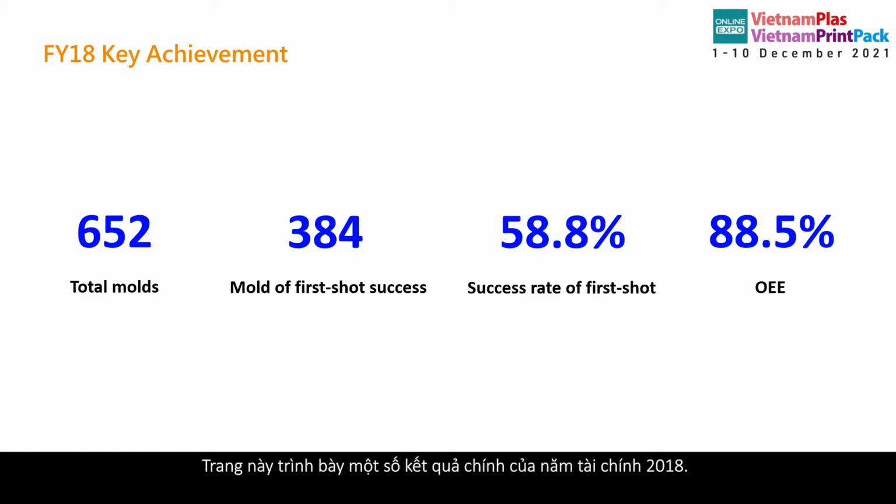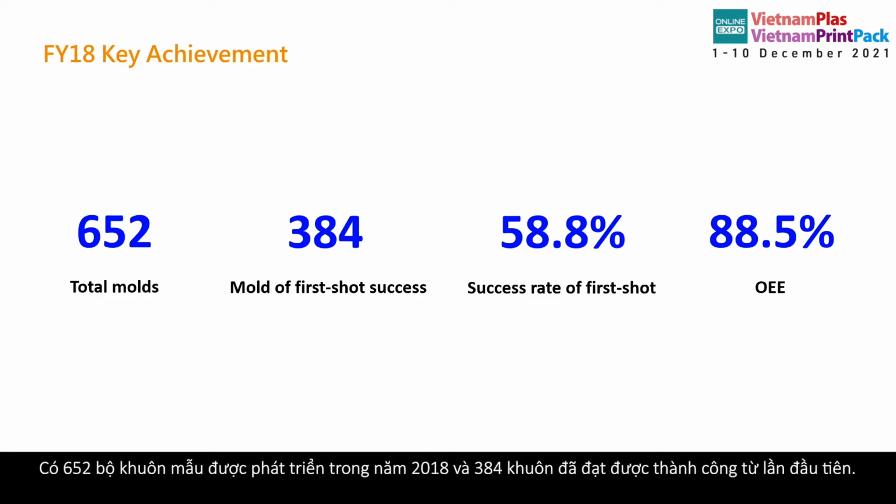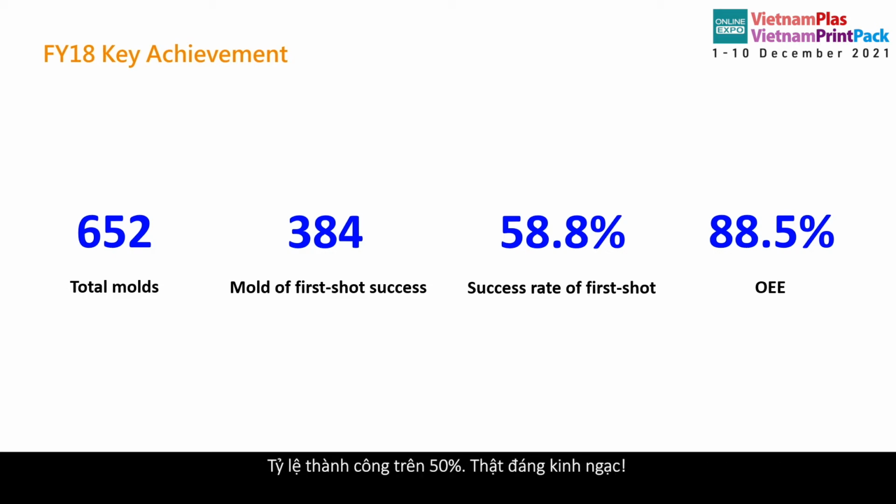There were 652 modes developed in 2018, and 384 modes reached first shot success. Success rate is over 50%. It's really amazing. Furthermore, the turnover of the company grows 108% with 70 employees only.